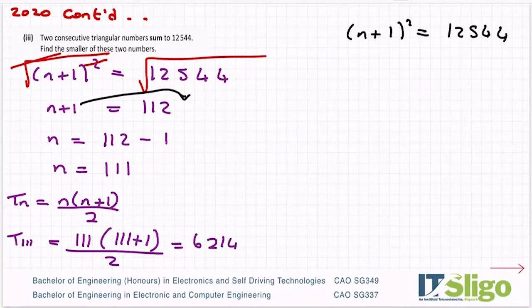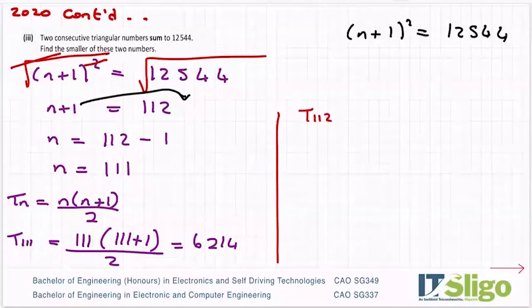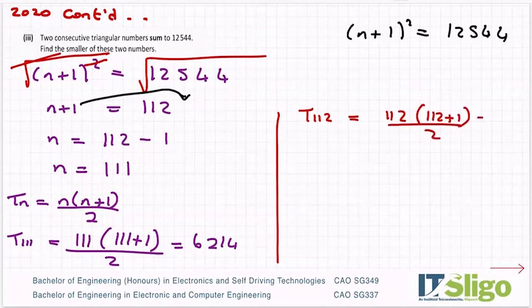Okay, just to check that it's the smaller number, on my calculator this is what I would do. I would find T112, and that would be equal to 112 times 112 plus 1 over 2. And it's 6272.